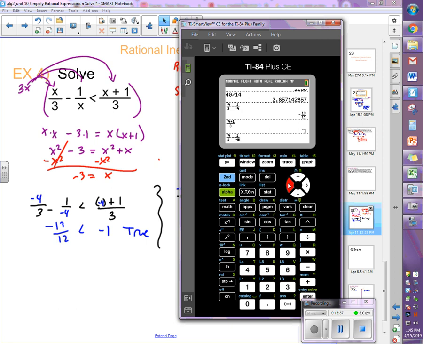So change all my 4's to 1's. So that's 2/3, and then this 4 needs to become 1 as well.